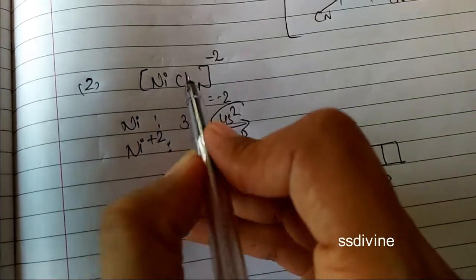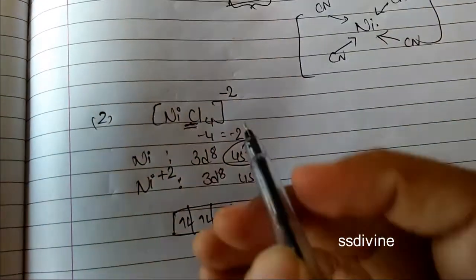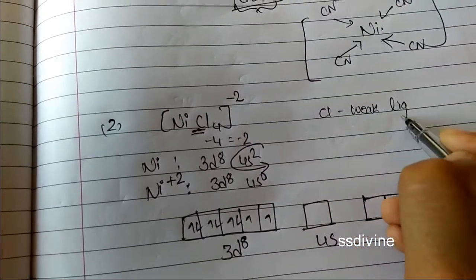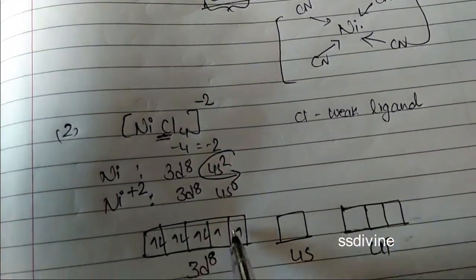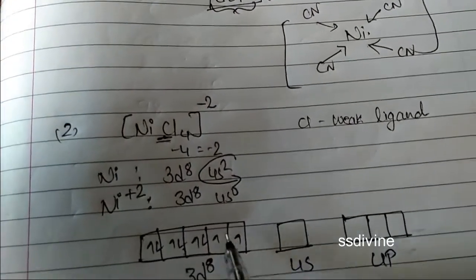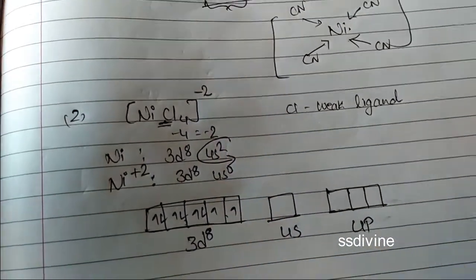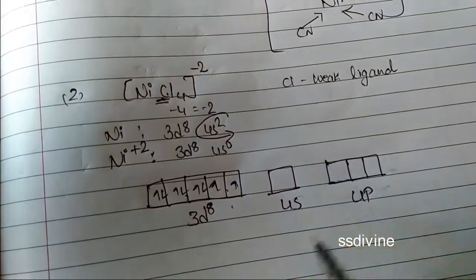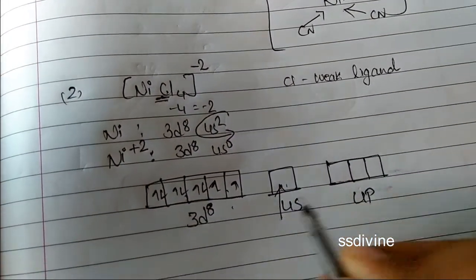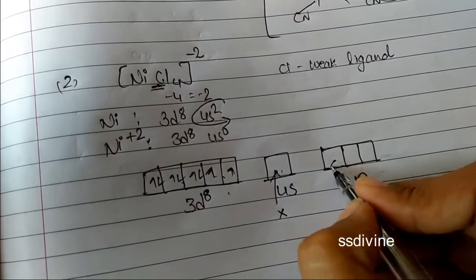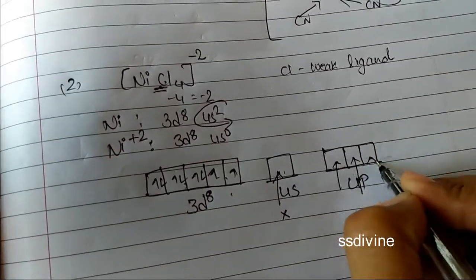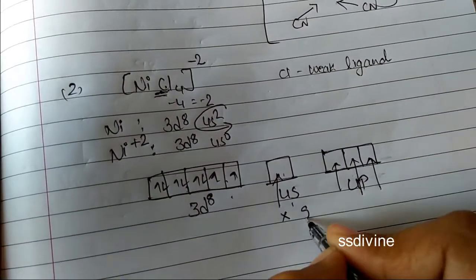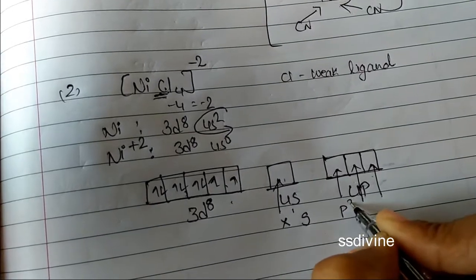Now what happens? Here the ligand is chloride, and chloride is a weak field ligand. So it does not have the tendency to pair up the electrons. Even if it wants, it cannot pair up these electrons. So when the orbitals are not empty, this chloride ligand will approach the outer orbitals, that is 1 s orbital and 3 p orbitals, because there are 4 chlorides, we get 1s and 3p.